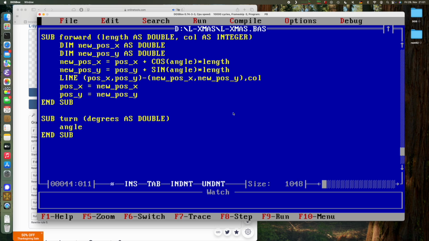And the angle gets updated by adding the new degrees times 3.14159265 divided by 180. This is basically converting from degrees to radians. I'm not going to explain that. That should be obvious, hopefully.